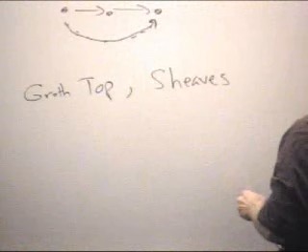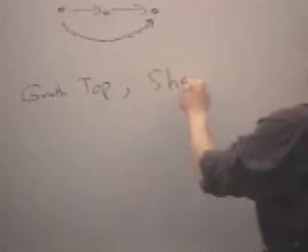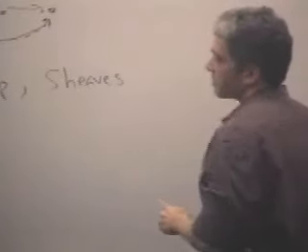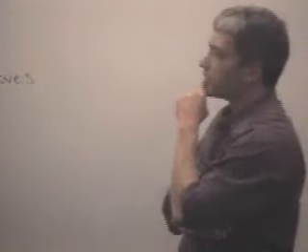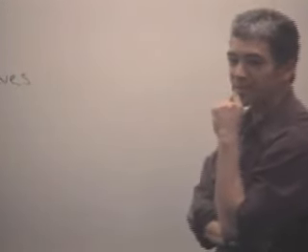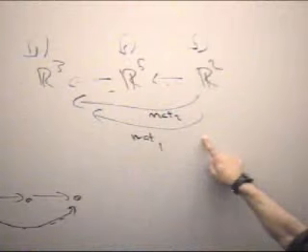Okay. So now we have Grothendieck topologies and we have sheaves. And from these two concepts, we can start to get invariants. I sort of did up here.